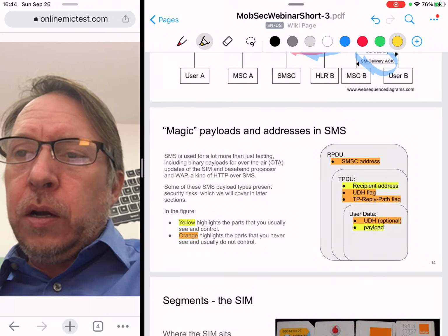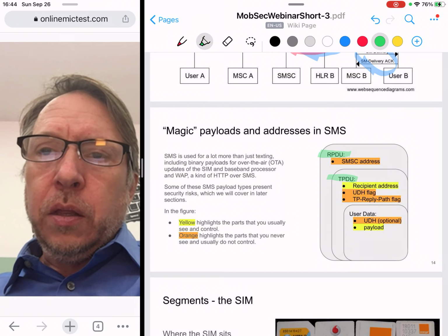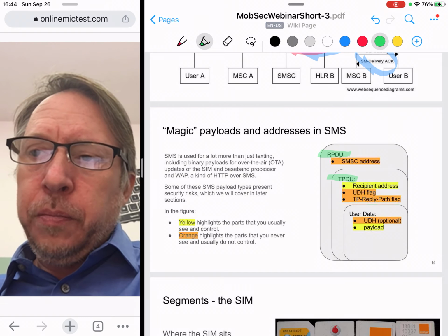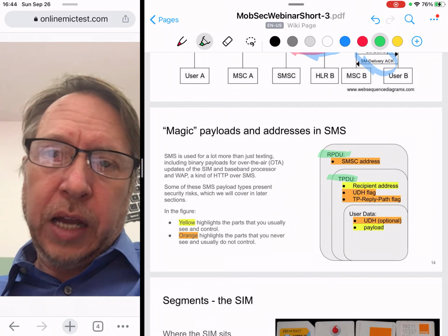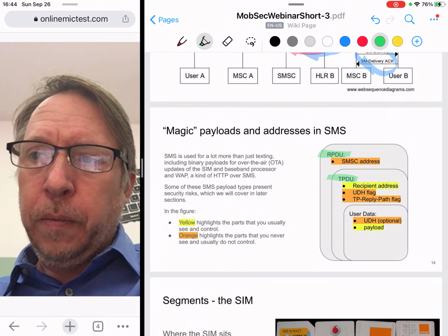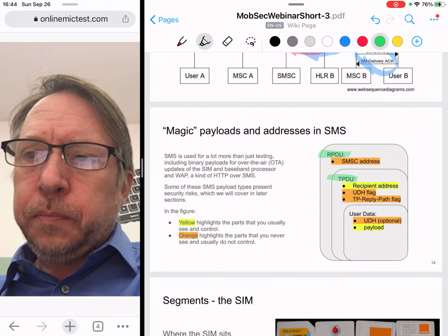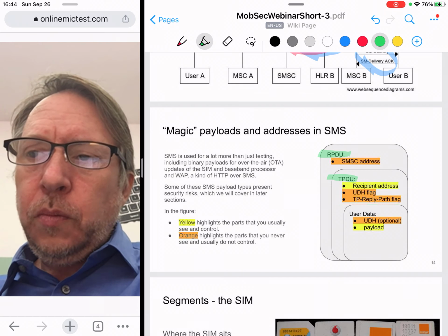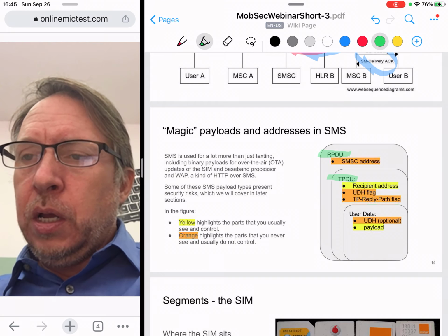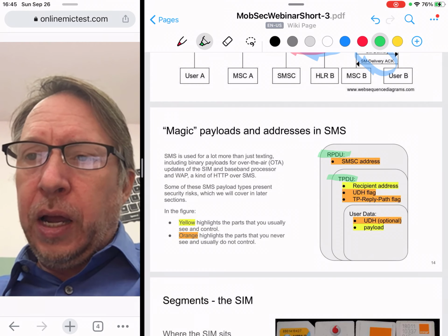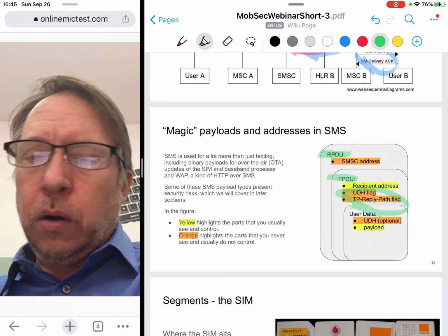And that's in a layer called the relay layer, or the RPDU, the relay layer PDU. The next layer is called the transport layer, the TPDU, transport layer PDU. The information in that header at a minimum contains the recipient address, the actual final destination user telephone number. And then it has something called the UDH flag that indicates the presence of another header in the next layer down, which is optional. And then it has something called the TP reply path flag, which we're going to talk about a little bit later.